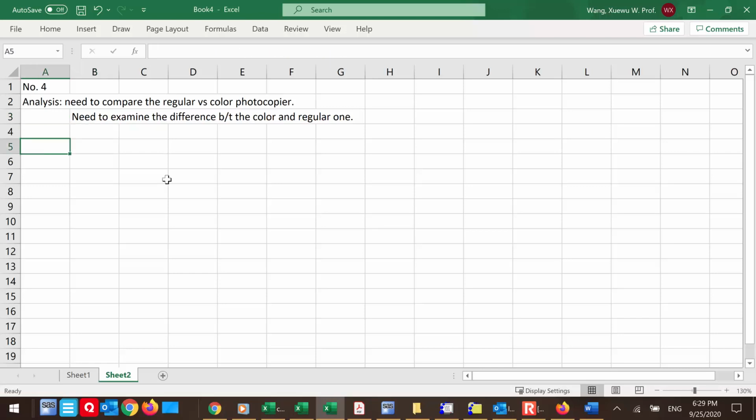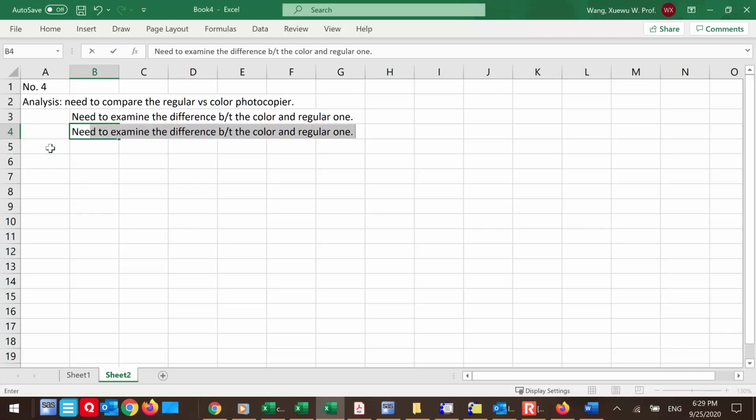I need to calculate the NPV of the incremental project of going from the regular to the color one.